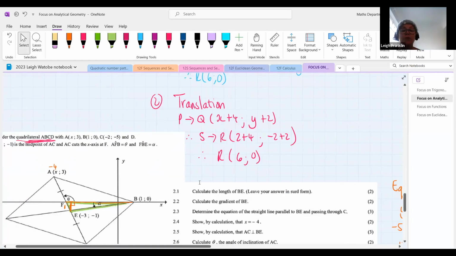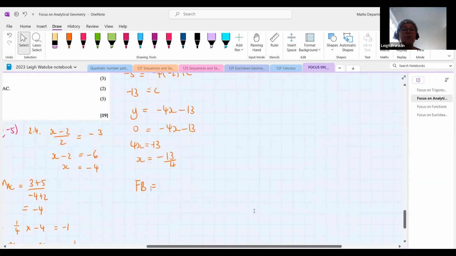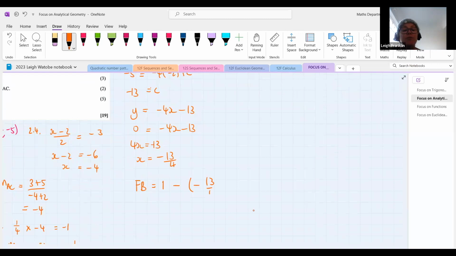At F, the coordinate is this horrible thing, which is -13 over 4. So the length of FB will be 1 minus -13 over 4, which would give me 17 over 4.